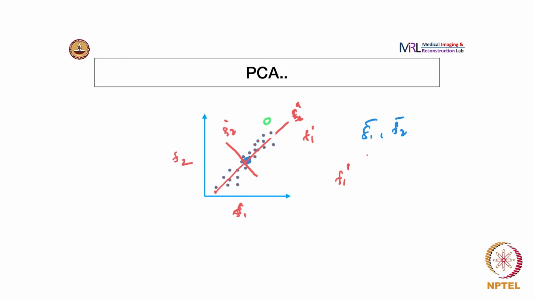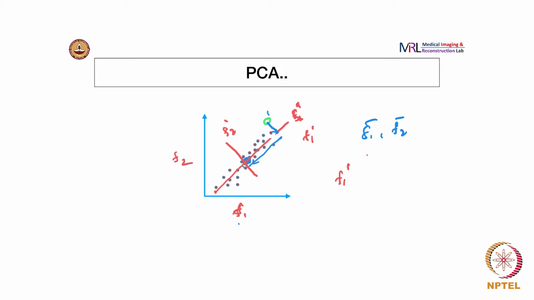To describe that data point, all we need is the projection of this point onto the F1 prime axis, the distance from the origin. That describes this green point. Previously, to describe this green point, we needed both F1 and F2.